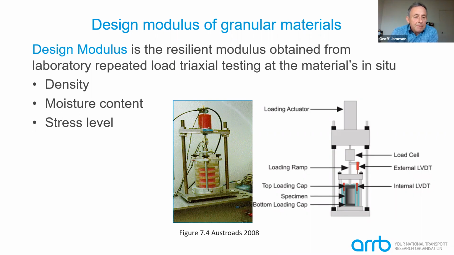And that might be 65% of OMC or 70% of OMC, somewhere between 60 or 70%. And that is not uncommonly used when results are being assessed from the repeat load triaxial test. But we know that moisture content equilibrium values may be more like 50 to 60% of OMC.